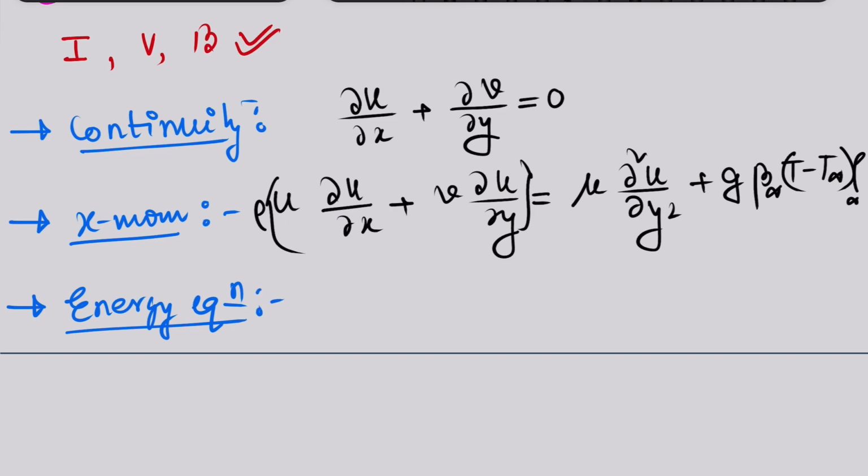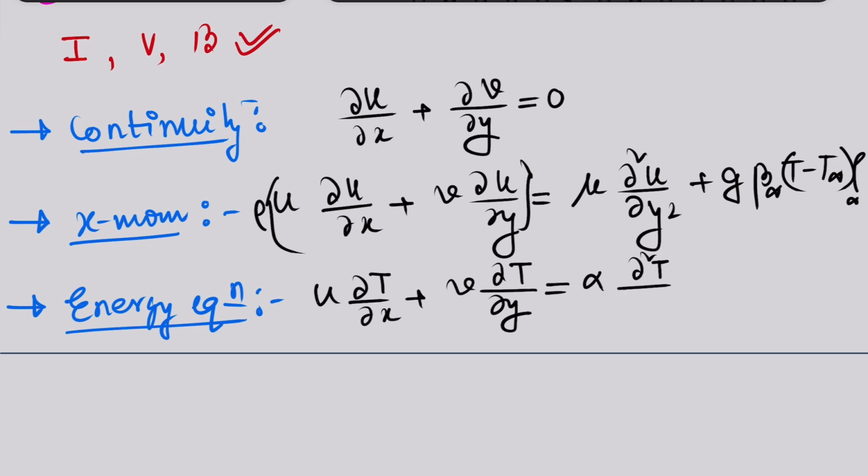And now the energy equation. The energy equation reads u del T del x plus v del T del y is equal to alpha del 2T del y2. Any other term?